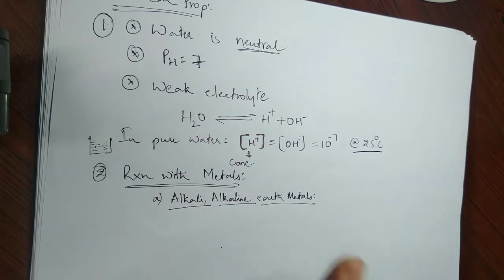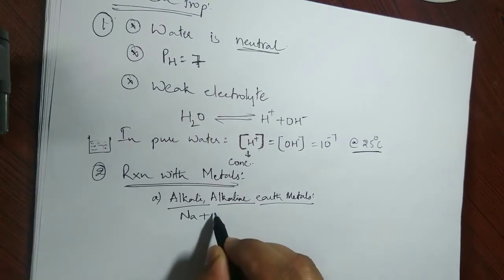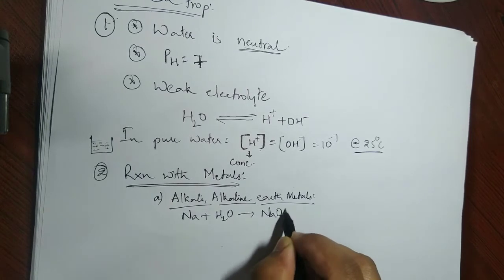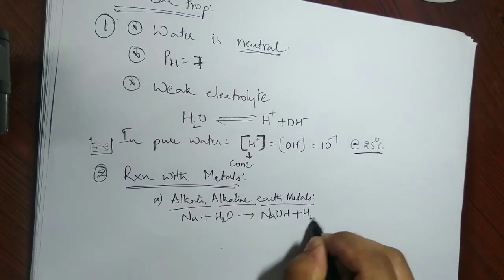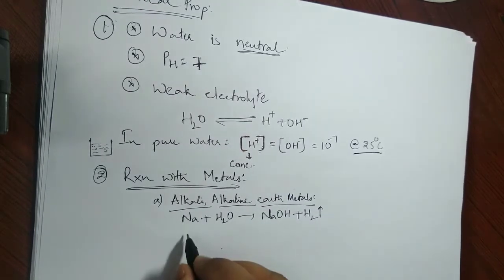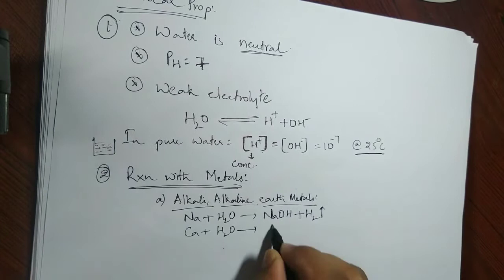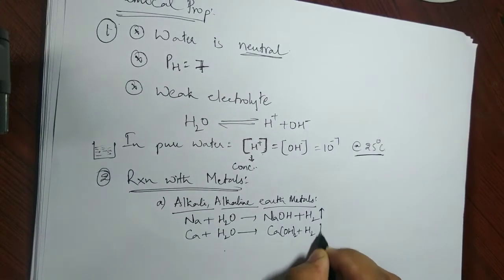And I have told you long back what is the difference between a base and an alkali. Okay, so example, sodium plus H2O gives NaOH plus, what does it liberate? Yes, H2 gas. And calcium plus H2O also liberates H2 gas.